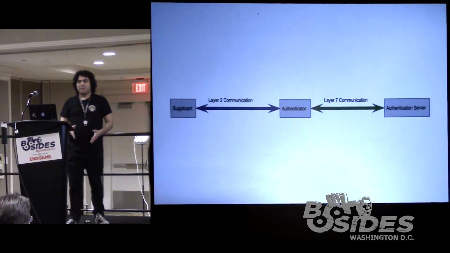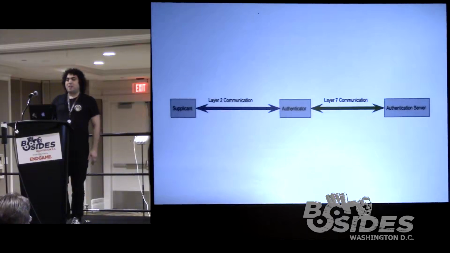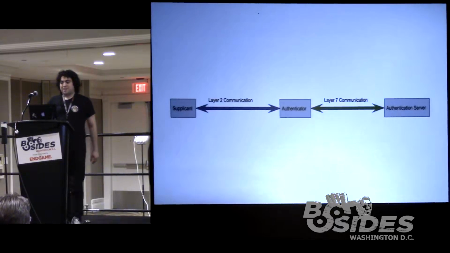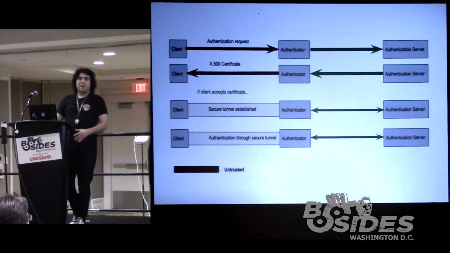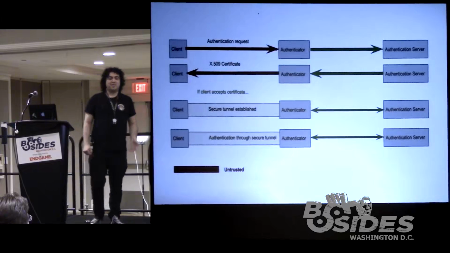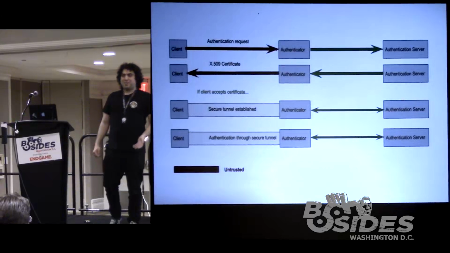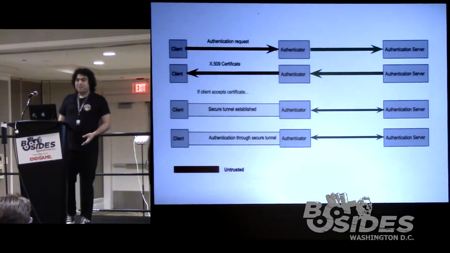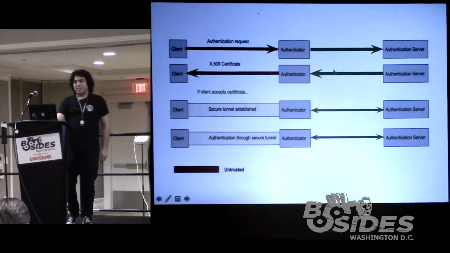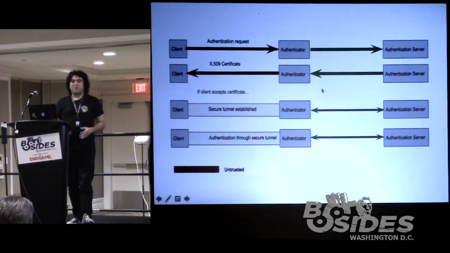Now remember that this access point, until the process is finished, is acting as an open access point, right? So remember how we talked about how open access points are susceptible to evil twin attacks and other rogue access point attacks. What that means is that until this process is completed, this access point, the authenticator here, is also susceptible to those very same attacks.